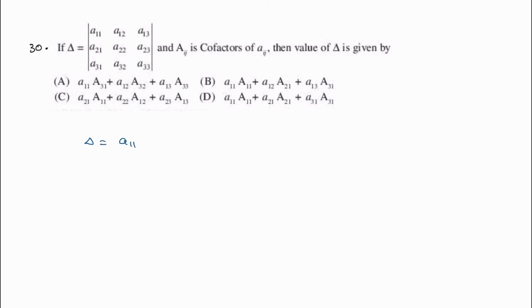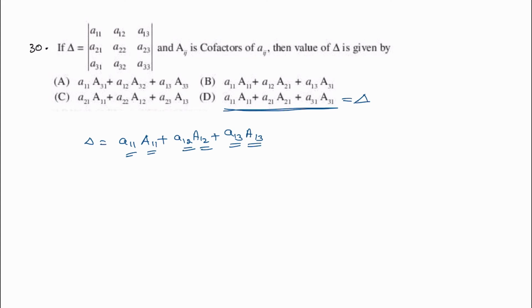If I take the elements of the first row, I have to multiply them with their corresponding cofactors and add to get the determinant value. See the suffixes, they are same. So in these options, only here the suffixes are same, 1, 1, 2, 1, 3, 1. Therefore, this gives the determinant value.